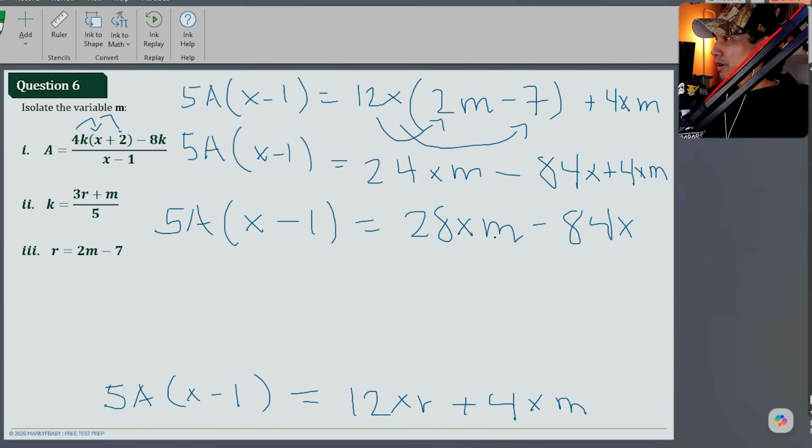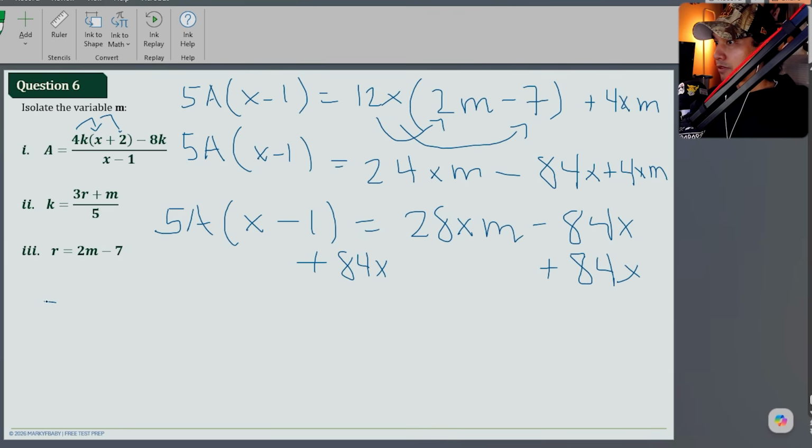And remember, we need to isolate for the m. So let's go ahead and do that. Plus 84x on both sides. And let's just erase this so we have more room.